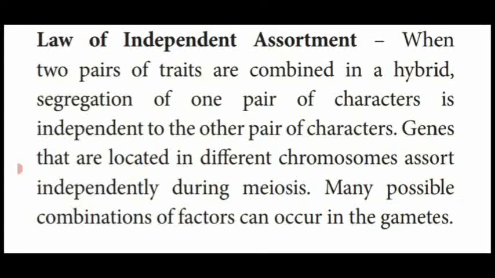That gene is also having the pair of alleles denoted as capital Y, small y. So these are the two different characters of the dominant parent. Likewise, small r small r and small y small y, that is the recessive parent.